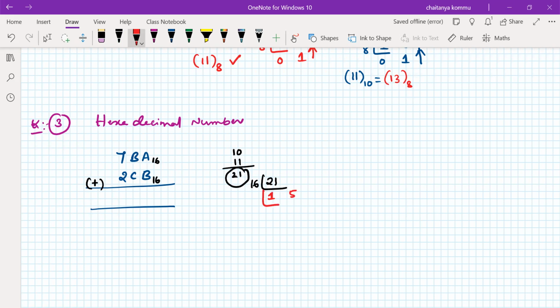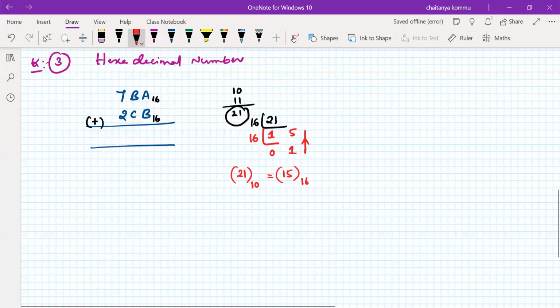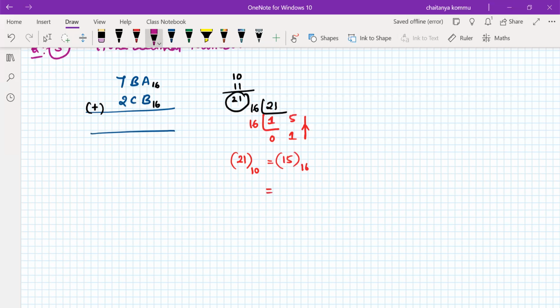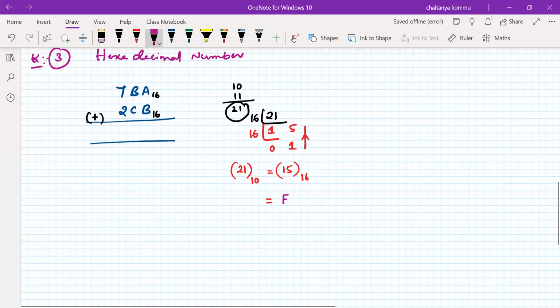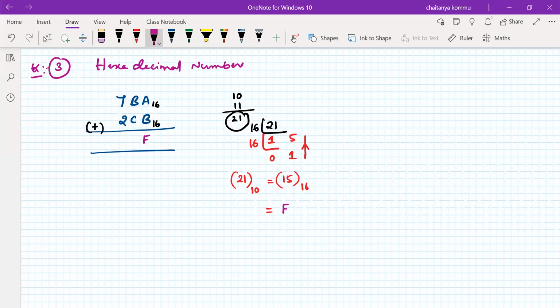Next, we divide 16 by 16, will we have 1? So this is how we need to write. So 21 in base 10 is equal to 15 in radix 16. So what I can write here is 15, and it is possible to write F, right? So therefore what I can write here now? I can write F here.